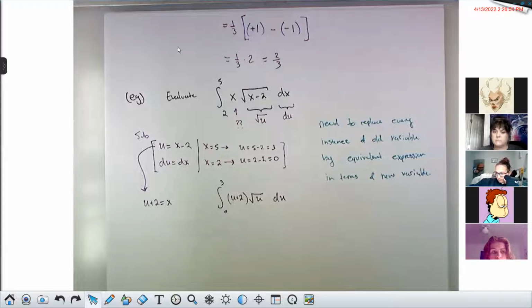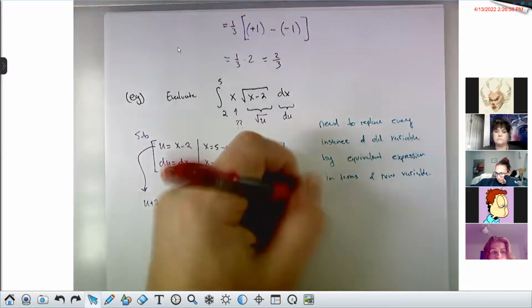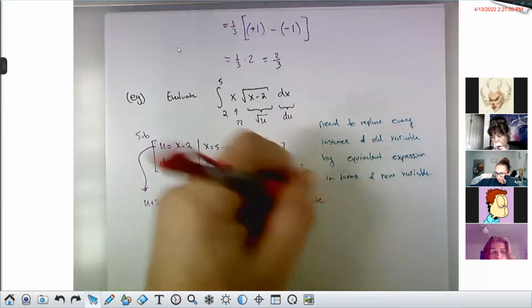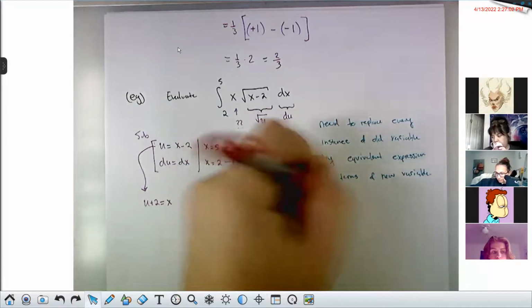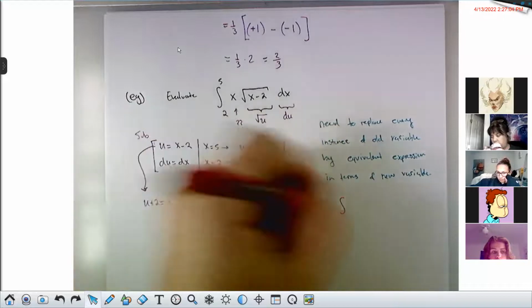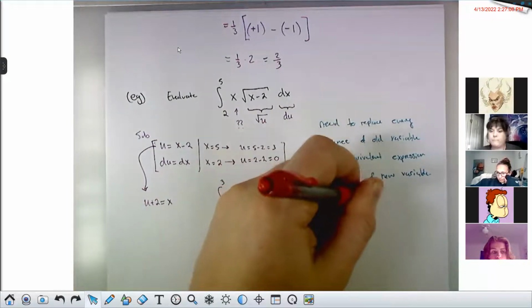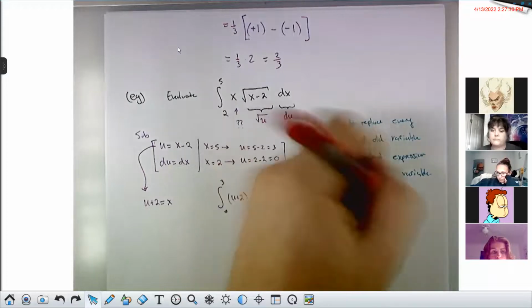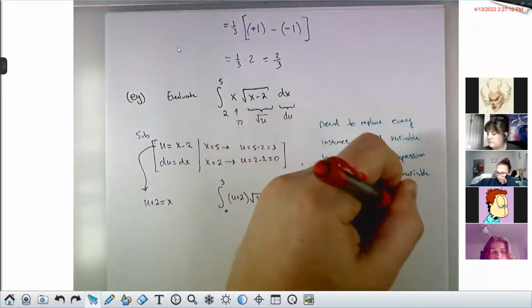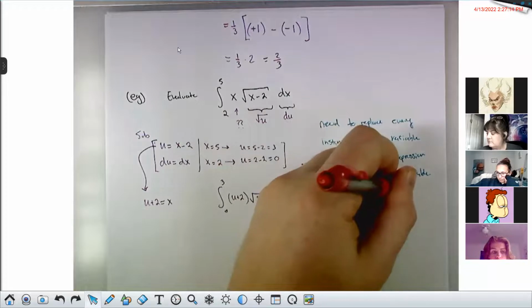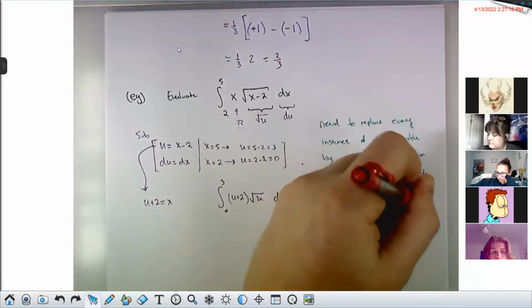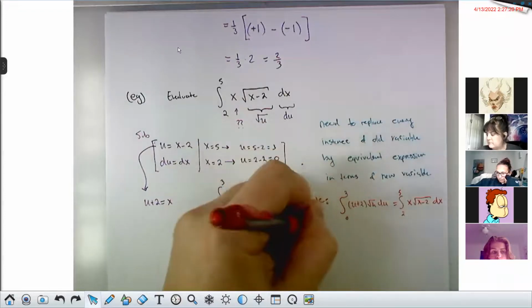So the comment here: the integral from 0 to 3 of u plus 2 square root of u du is equal to the integral from 2 to 5 of x square root of x minus 2 dx.